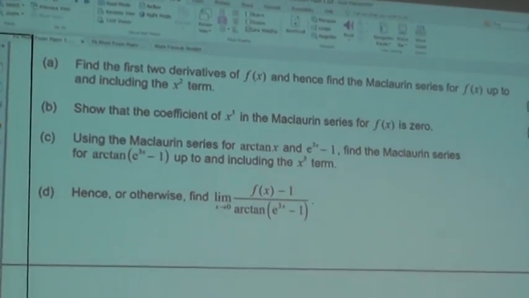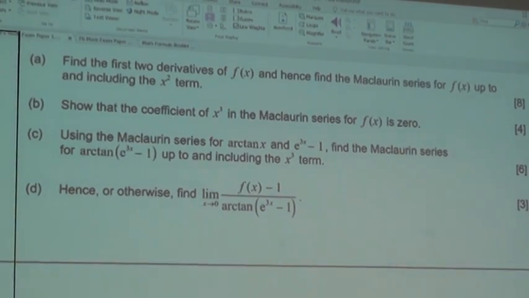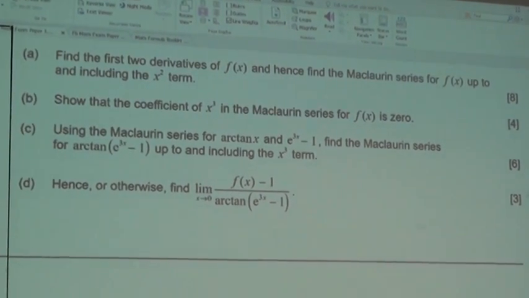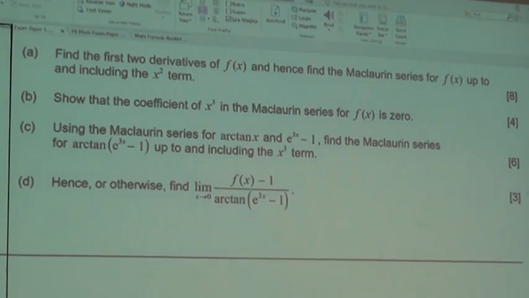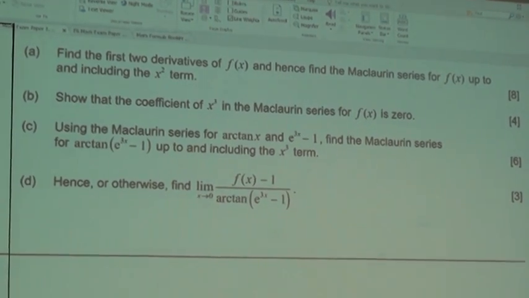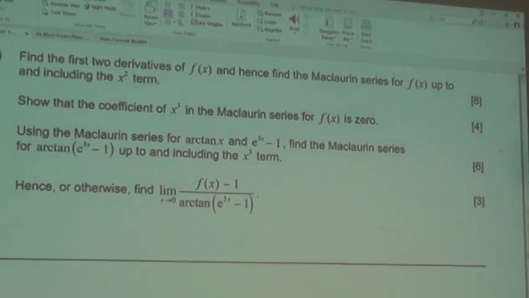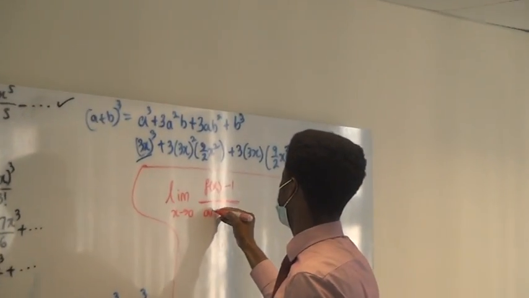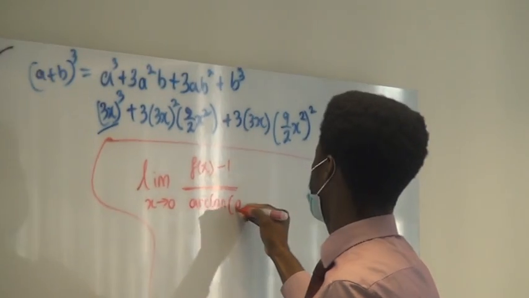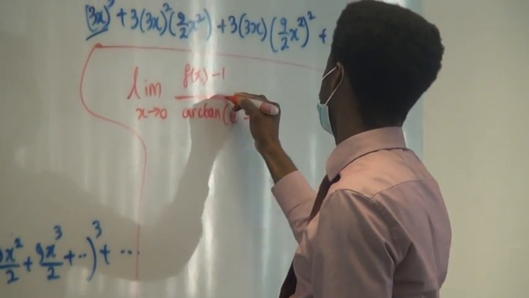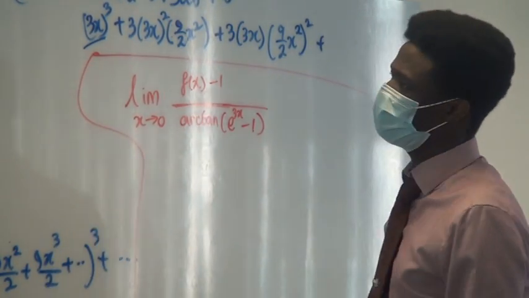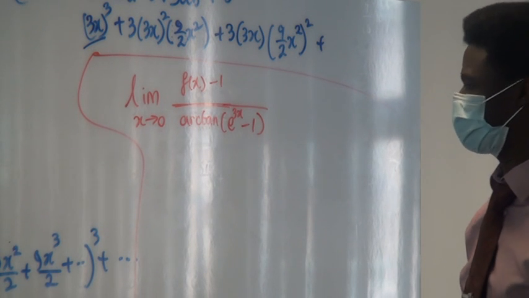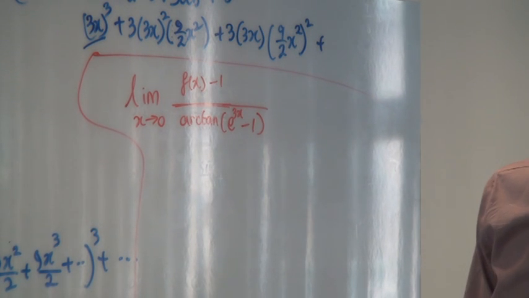The next question is limits. The last question says, alternatively, find the limit as x tends to 0 of f of x minus 1 divided by arctan of exponential 3x minus 1. So basically, you have your f of x minus 1. What is our f of x? Do we have the exponential series of f of x?